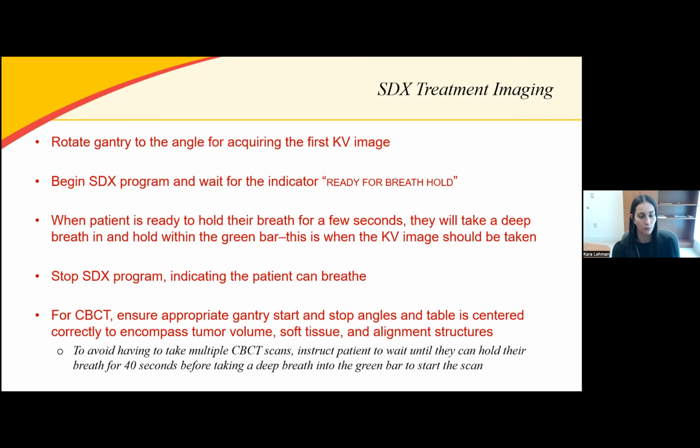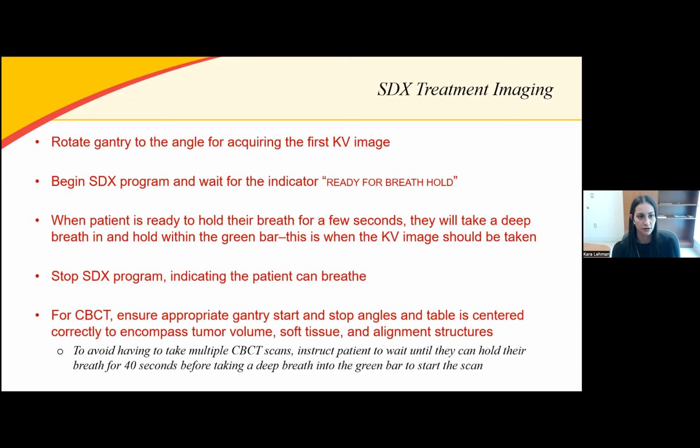With this, we just make sure that our patient is properly centered. Meaning that the table is in a correct position where we will capture the patient's tumor volume, but also what the doctor is requesting for the therapist to align to on the prescription. So for example, some tumors are located in the upper outer quadrant of the liver, but the doctor also wants you as the therapist to align to the bony vertebral column.